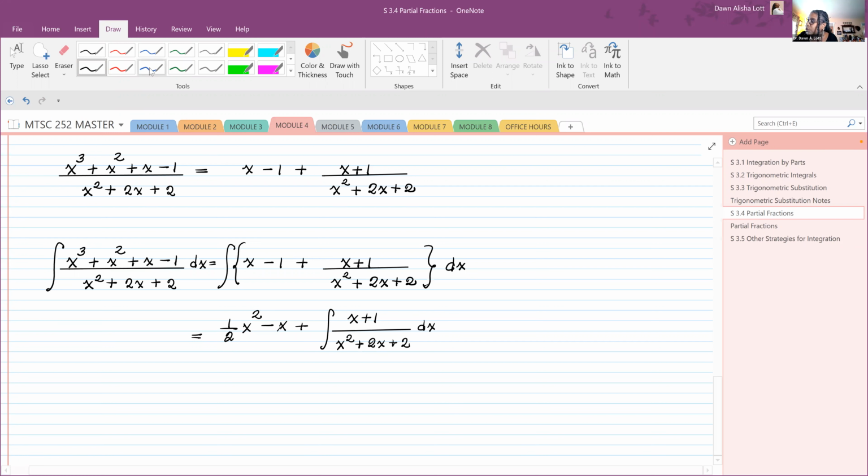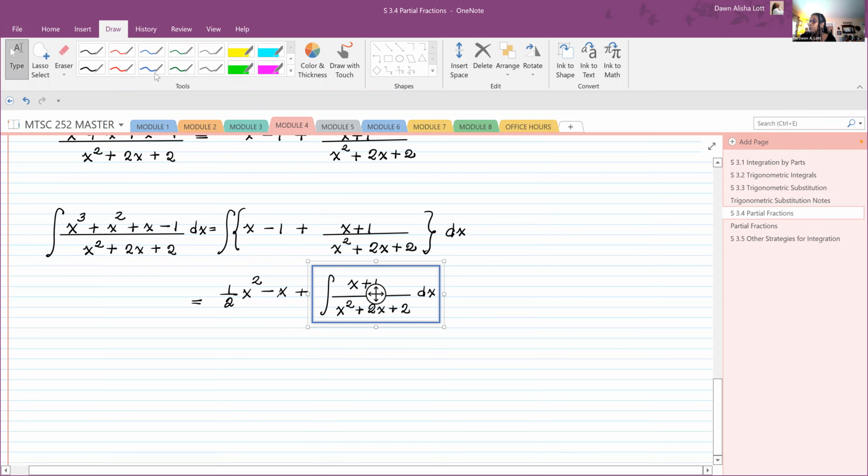So we need to integrate this last piece. That's not actually difficult. Let u equal x squared plus 2x plus 2, and du is going to be 2x plus 2 dx.